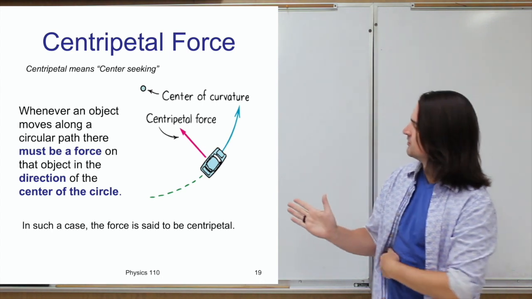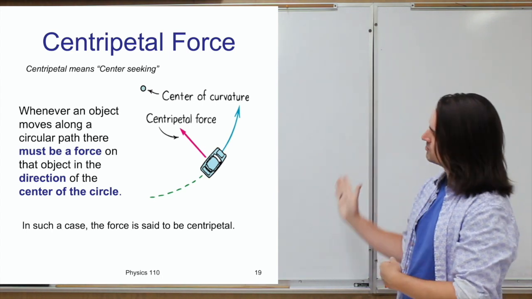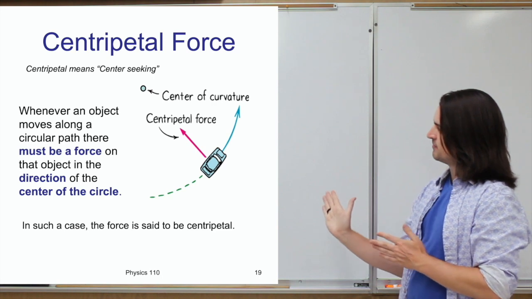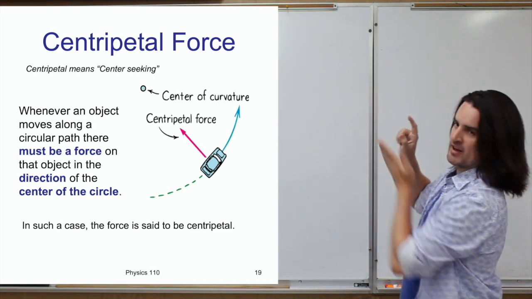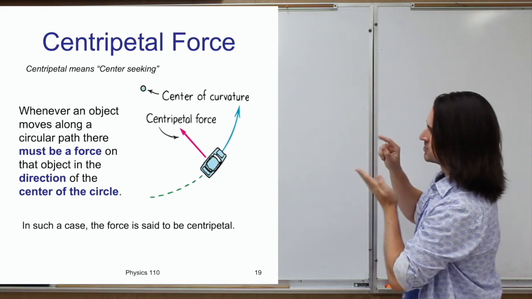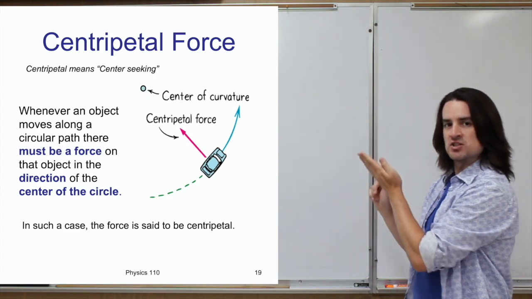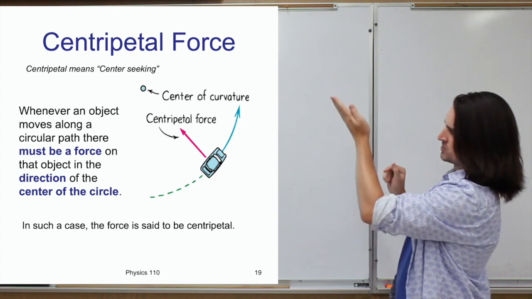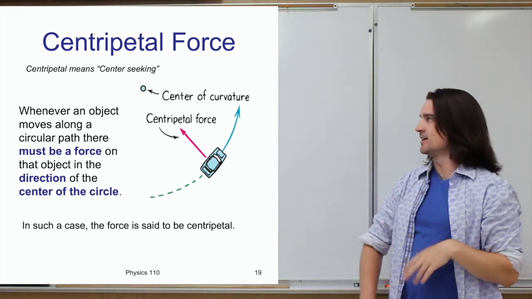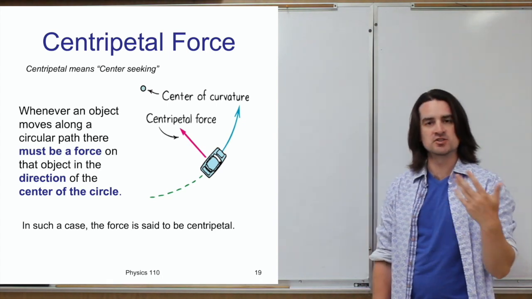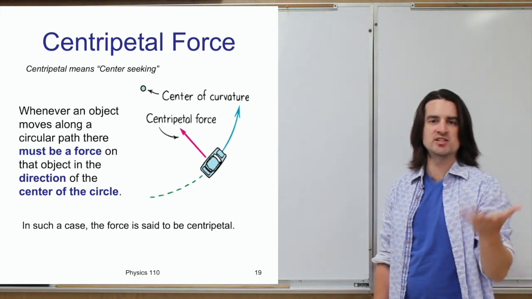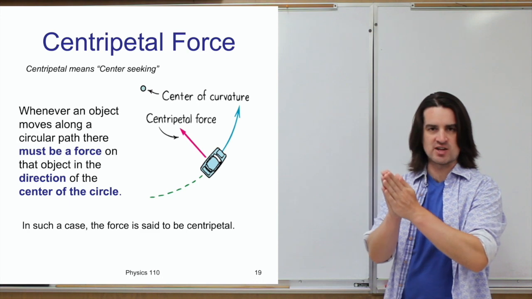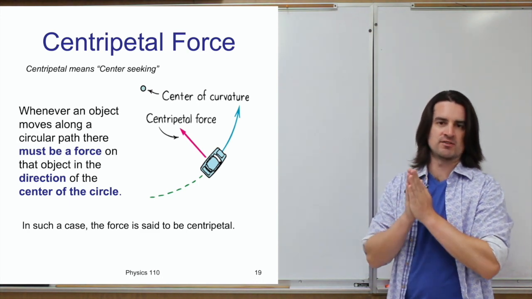So in this case, you have a car that's turning around a corner here. You can imagine that turn is part of a larger circle, and the center of that circle is off over here, so there's a force causing this car to turn, and it's pointed towards the center of that circle. And so we call this a centripetal force. Centripetal means a center-seeking force, so it's a force pointing towards the center of the circular path that the object is taking.